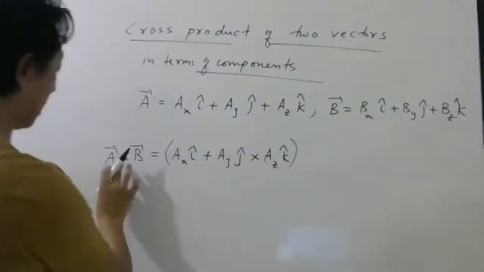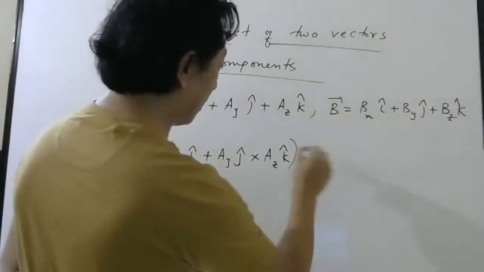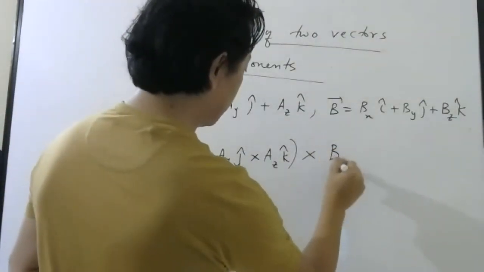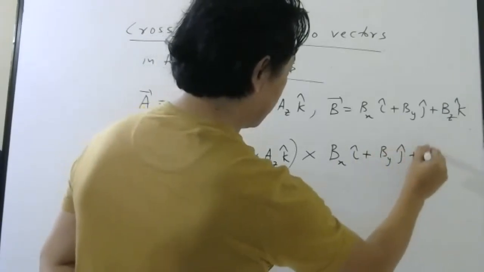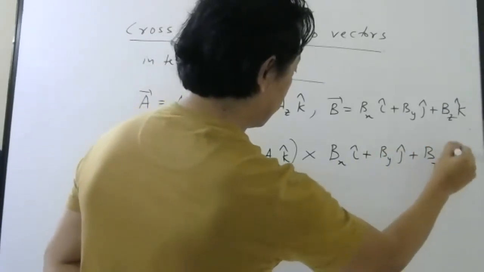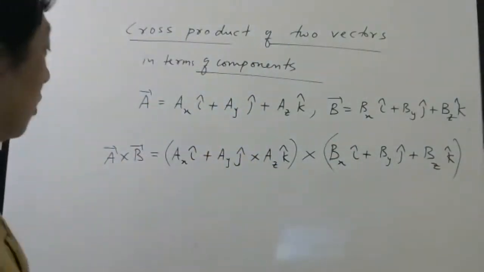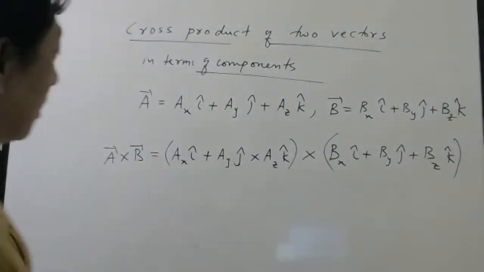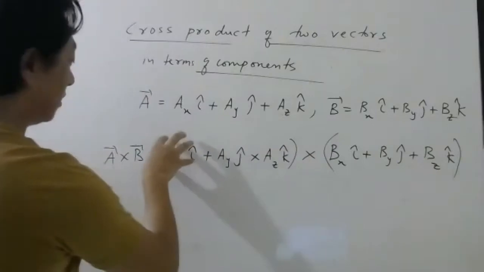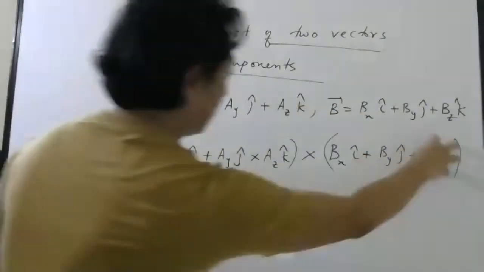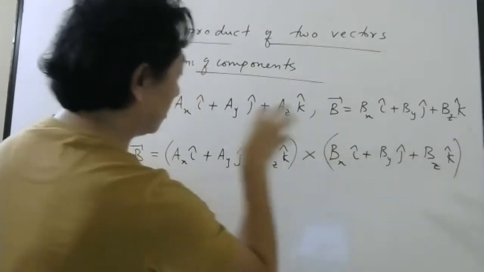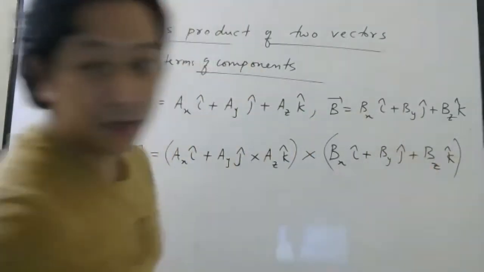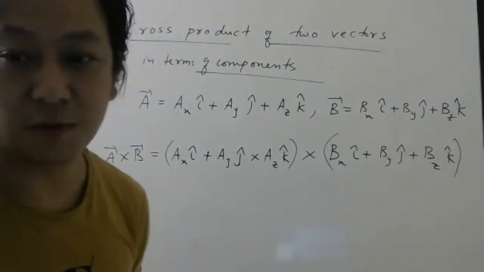This is your a bar cross. So when I take the cross product of this with this, again 9 terms will come. This cross this, this cross this, and so on. Out of those 9 terms, how many terms will be 0?